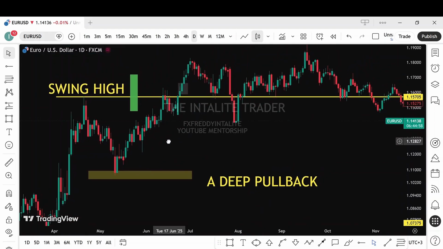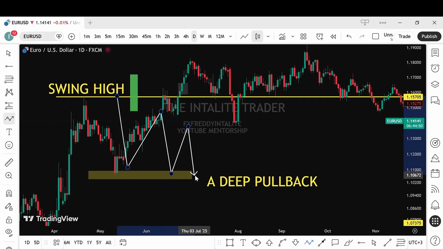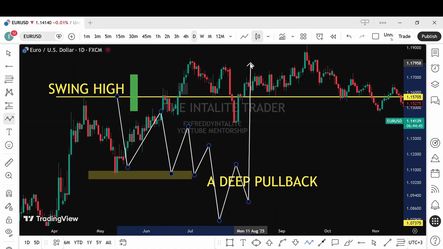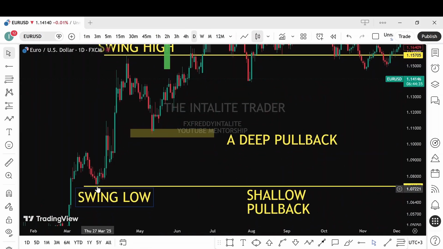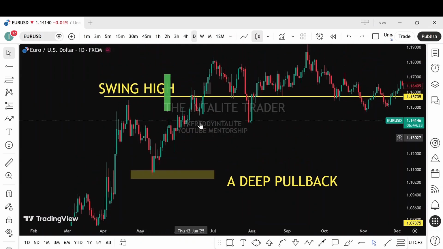So the only thing we are looking for is price to go higher. Even if the market comes and stays within this zone for a long period of time, it does whatever it wants to do, but it goes and breaks above. We shall say now we are in a continuous trend, because we want to see price respecting market structure.